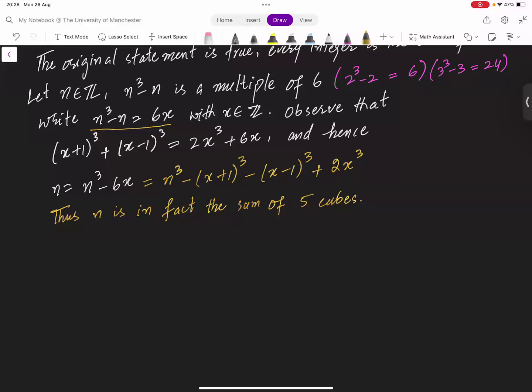So it is necessary to allow negative cubes. So it's the sum of 5 cubes and then it's going to be the sum of 8 cubes. Similar process.